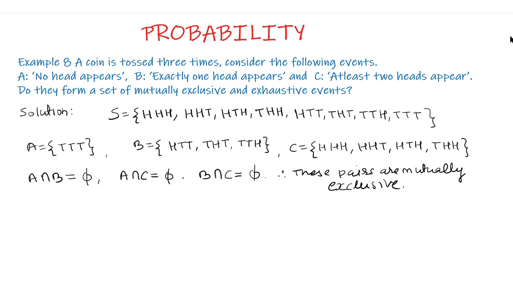Now we find A union B union C. So the elements we take from all the events and we write them.